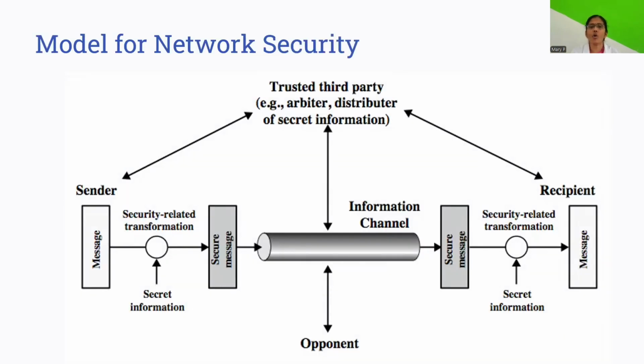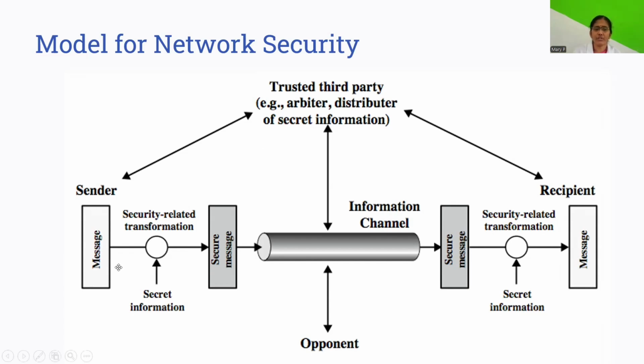The last one is a model for network security. If you want a model for how to do network security, how to transfer the information securely through the network, this is the model. In this model, the left side is the sender and the right side is the receiver.